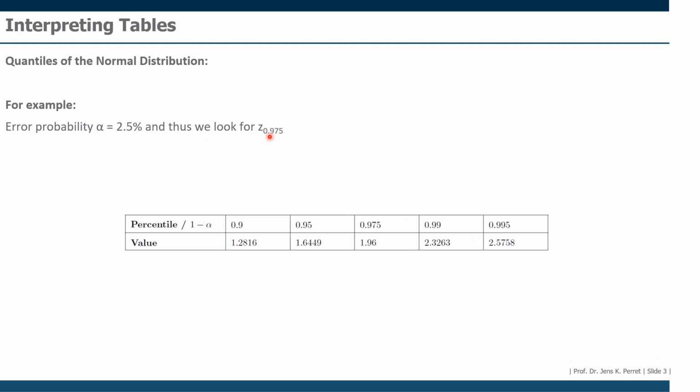So here we check the column for 0.975, this column, and directly below this is the respective quantile. So if you were to construct some kind of confidence interval, you have to look this value up. Then you're going to replace the z 0.975 in the formula with 1.96. And well, that was already everything for the normal distribution.